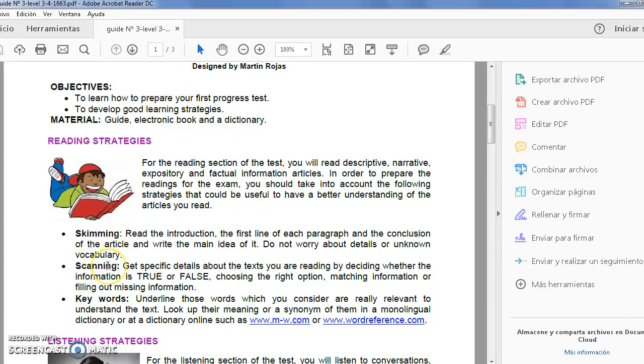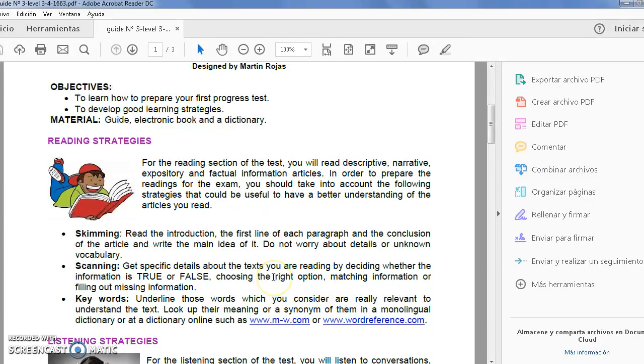Scanning is exactly the opposite. In this case, you get specific details. And what are you going to do? Of course, you will have to answer true, false questions. Choose the right option using multiple choice questions.